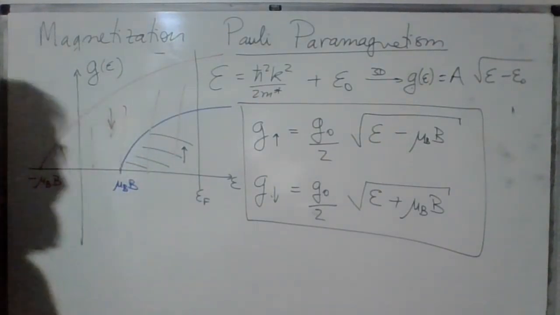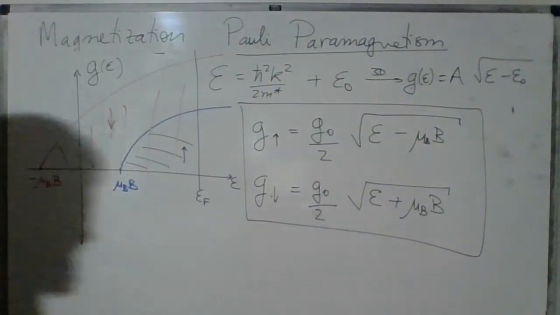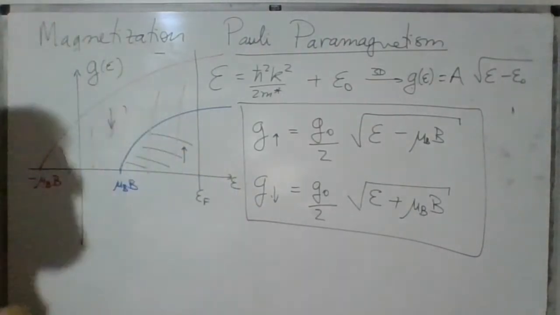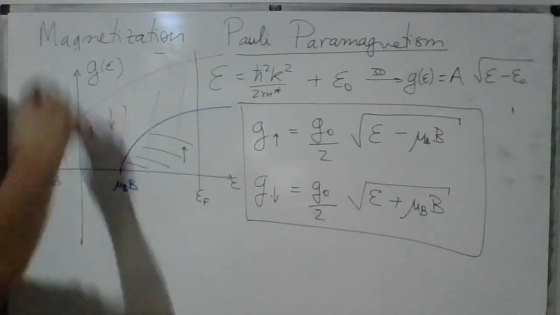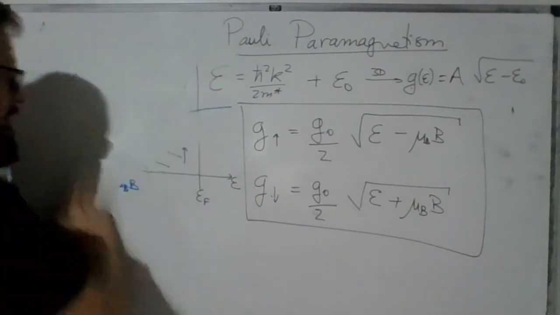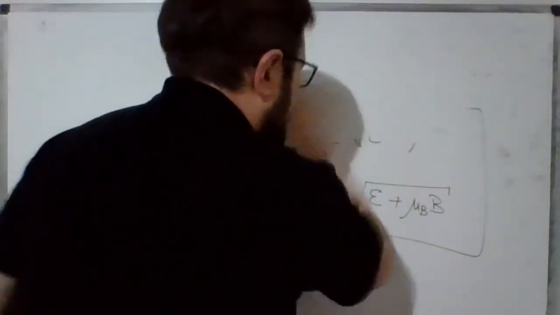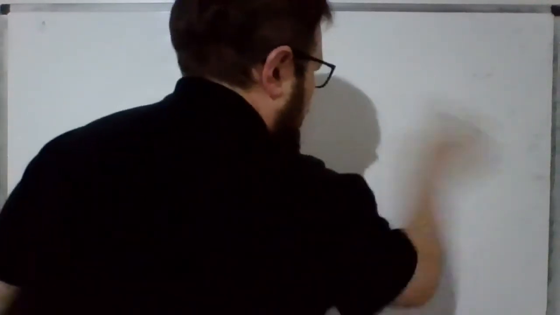Okay, so now let's turn to the calculation of the magnetization of a Fermi gas, the Pauli paramagnetism. There is one interesting thing which comes from the Hamiltonian definition.